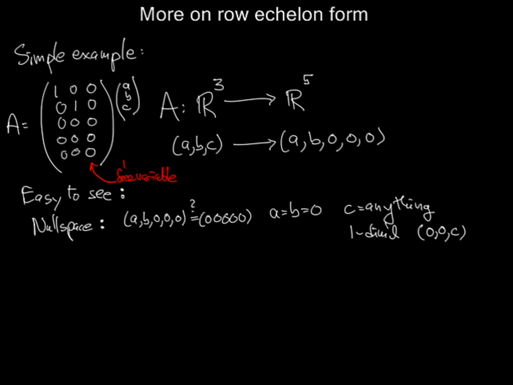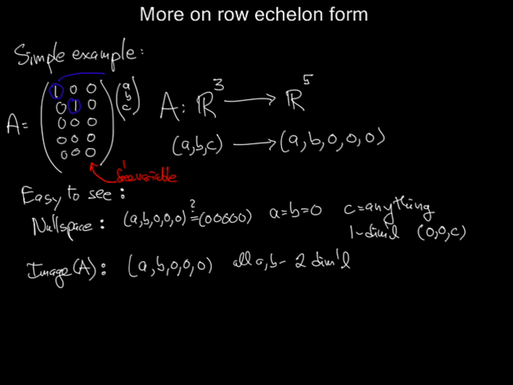There's one free variable, so the null space is one-dimensional. On the other hand, what's the image of this map look like? The vectors that you hit by applying A and going from R3 to R5. Well, it's these vectors A, B, and the other terms are 0. So that's all AB, and that's clearly a two-dimensional space. And that corresponds to the two pivots.